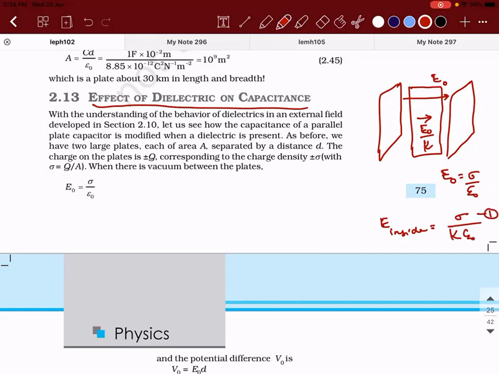If you look at the previous derivation, what were the steps that we followed? We first wrote down the expression for electric field. Then we wrote the relation between electric field and potential difference.